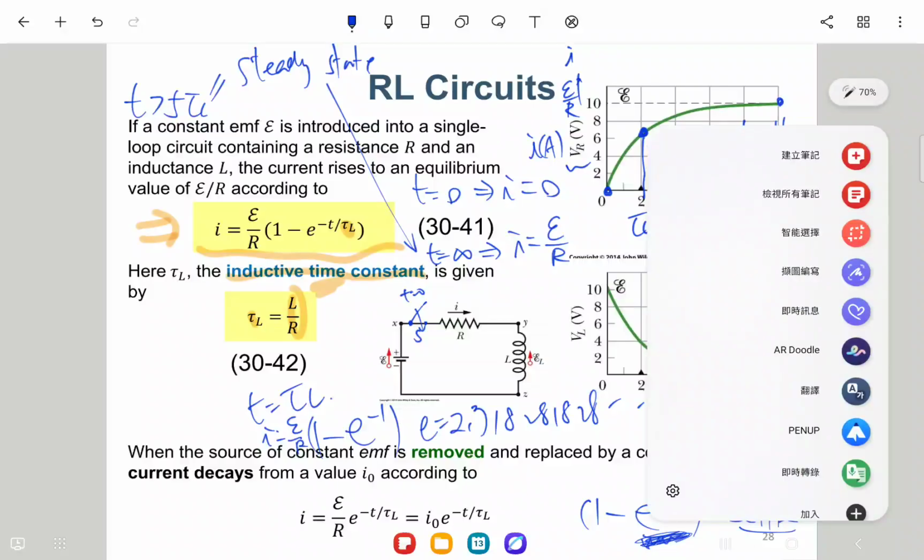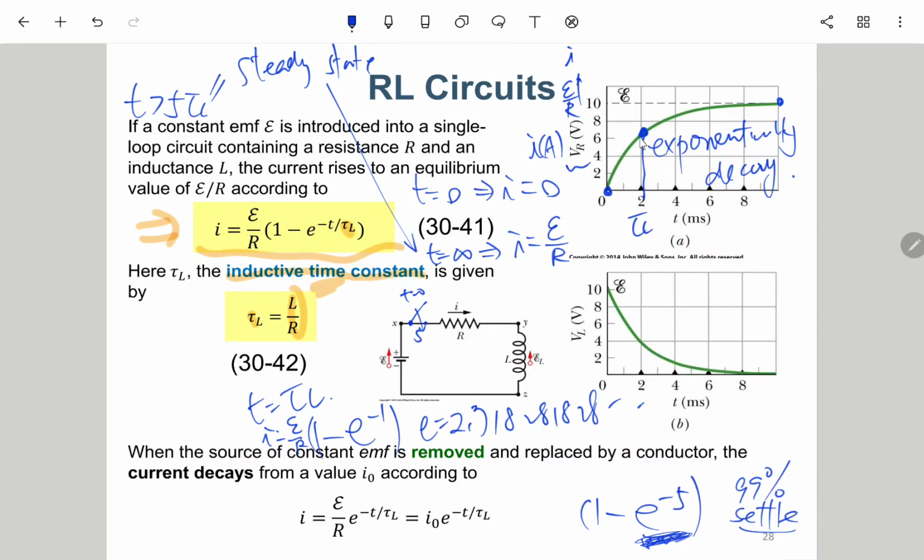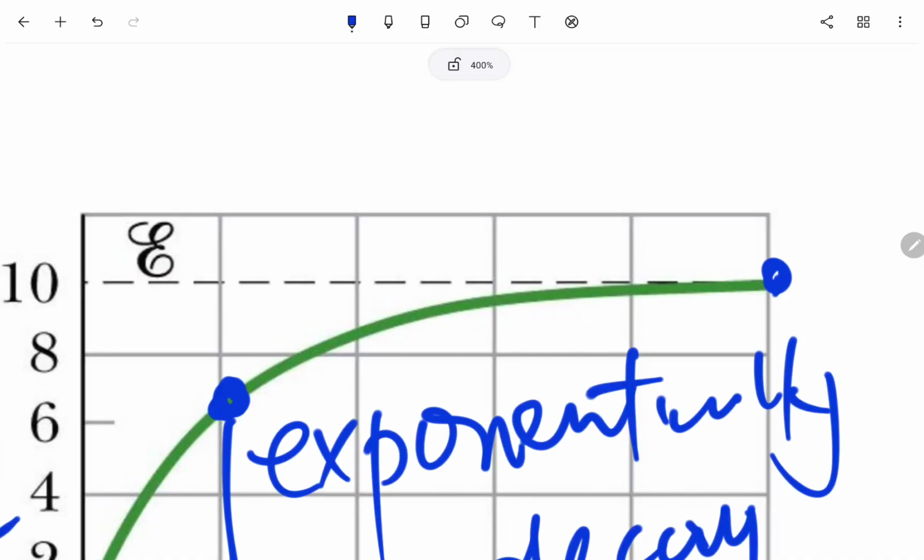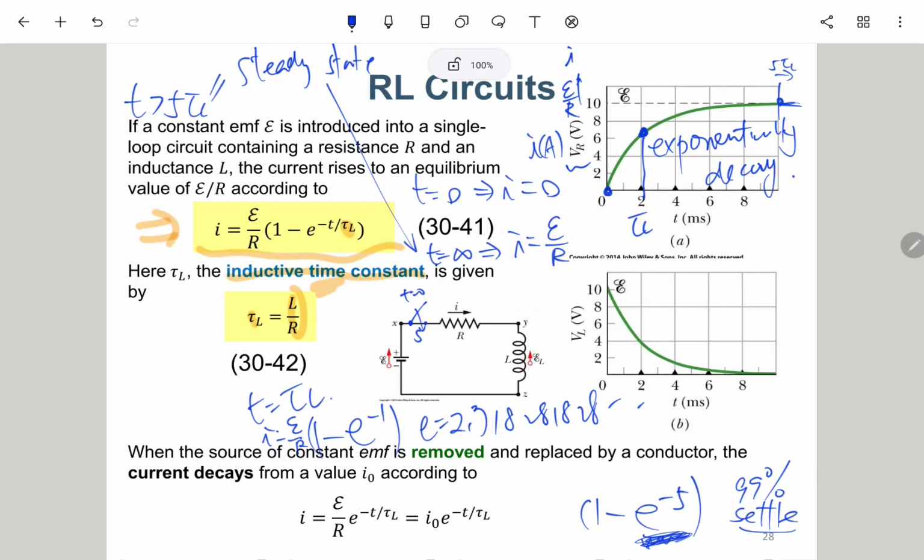So if this point is tau, this point is around 5 tau L. You can consider it so close to E over L. It will settle to E over L, not overshoot it.